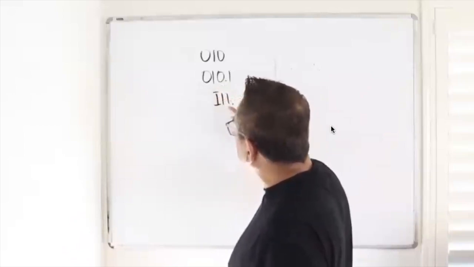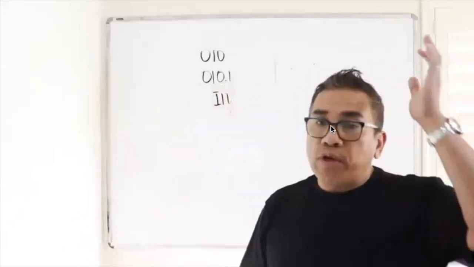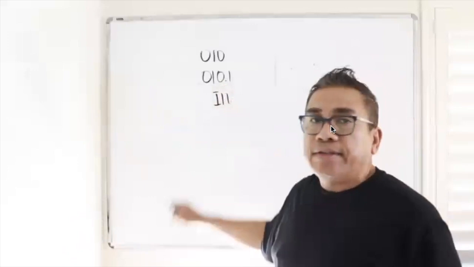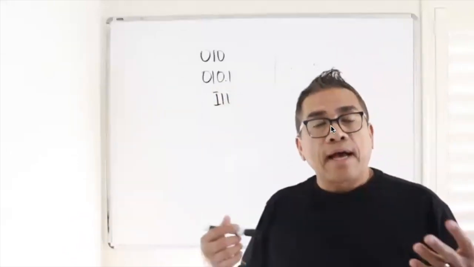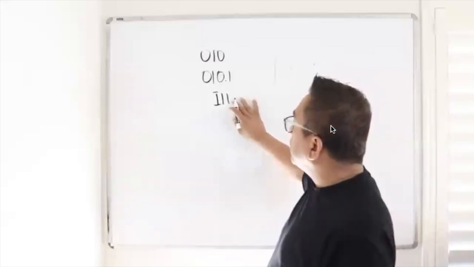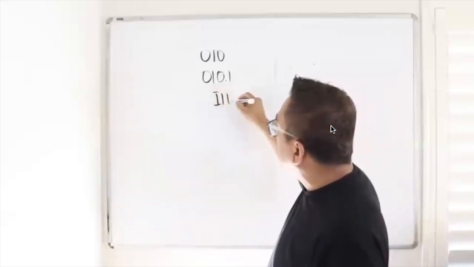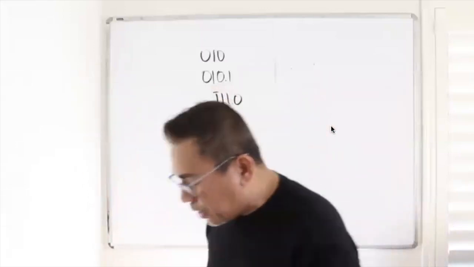Remember the I11, guys? We had this discussion some weeks ago that I11 is hypertensive heart disease. If a patient has hypertensive heart failure and is pregnant, then your code is going to look like O10.1 and I11.0. Let me see if O10.1 is a complete code.